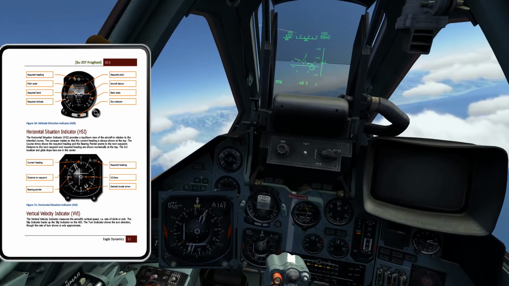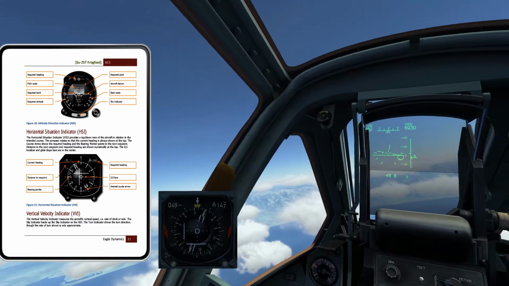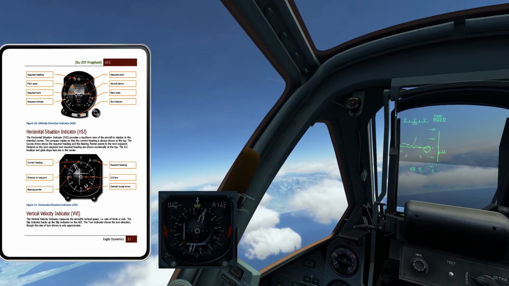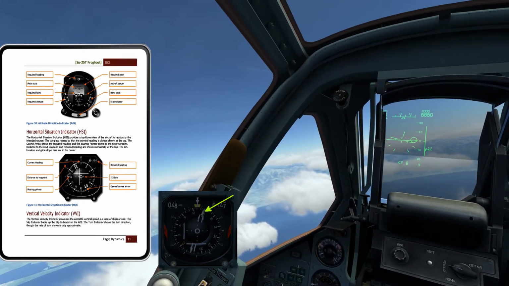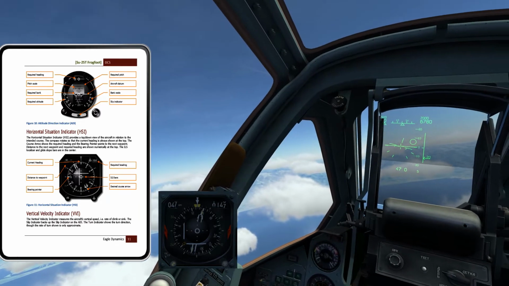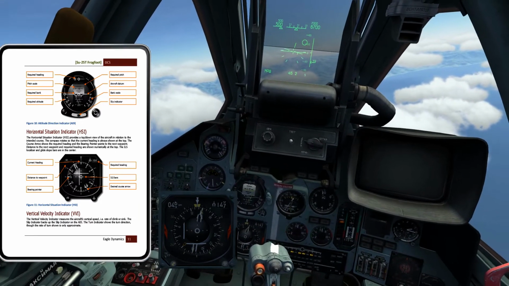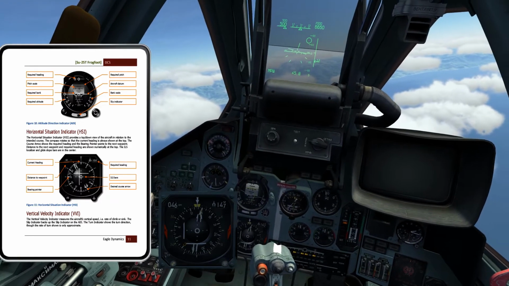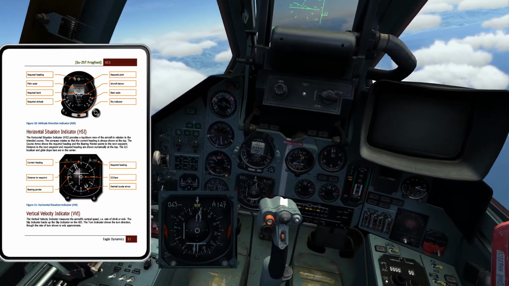The outer circle or inner circle, so to speak. Okay, the course arrow shows the required heading, and the bearing pointer points to the next waypoint. And this is where a lot of confusion comes in. As on the ADI, the upper small white needle is the required heading.